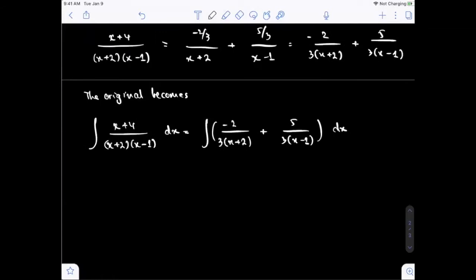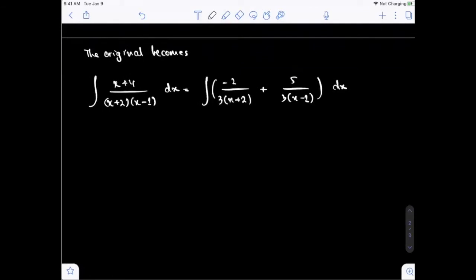And you know that the integral of the sum is the sum of the integrals. So this is equal to the integral of negative 2 over 3 times x plus 2 dx plus the integral of 5 over 3 times x minus 1 dx.